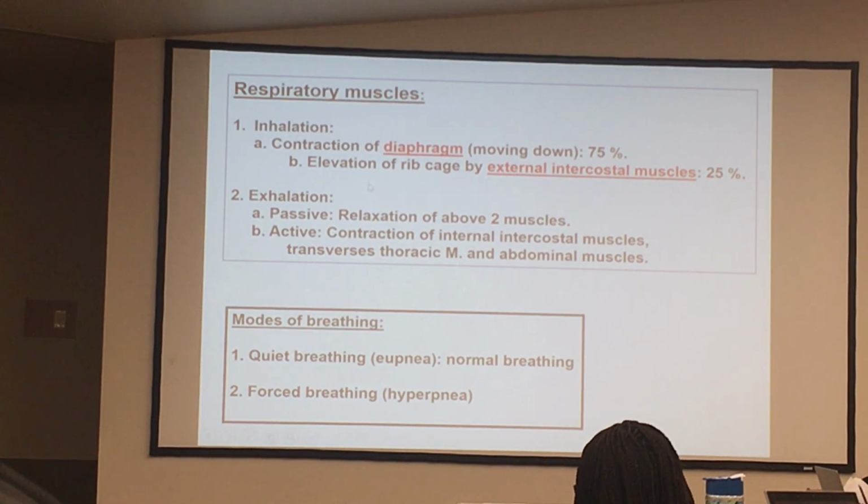Okay, and so we have two terms. Quiet breathing we call eupnea. Eu always means normal condition or resting condition. Okay. Forced breathing we call hyperpnea, controlled by muscle.